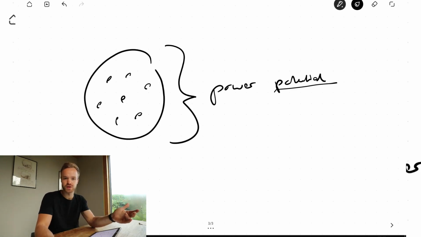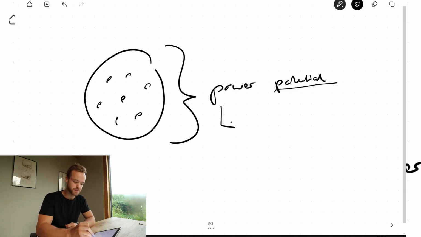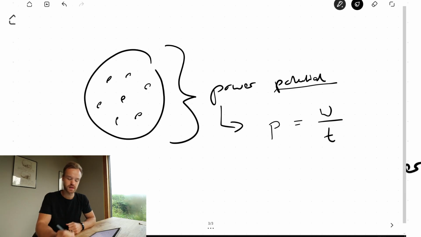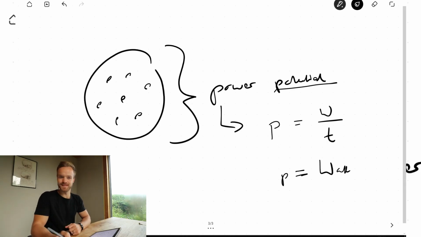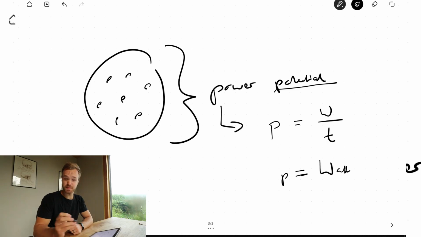You have the potential to use them in this way, but it doesn't mean that you actually will. Now, for those of us that are physics geeks here, power is work over time. And its unit is the watt, based on James Watt. And this is a biggie here.